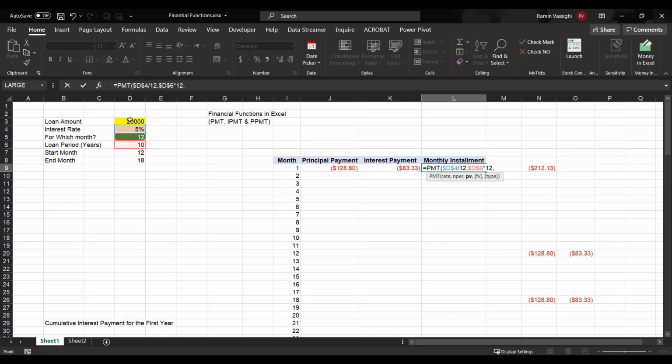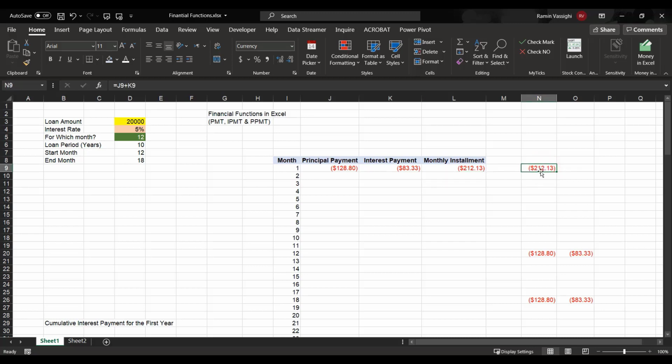Our present value of our loan is 20,000, and the future value we don't care about, and this one also is being paid at the end of the period, so close parentheses, enter, and that will come out to be 212.13, which is actually the addition of these two. I made sure to check that one, and it's coming up correctly. Let's take a look at our formulas, making sure we have all of our dollar signs correctly before we copy the formulas down. And it seems like everything is in order.